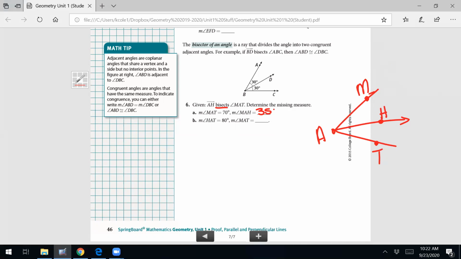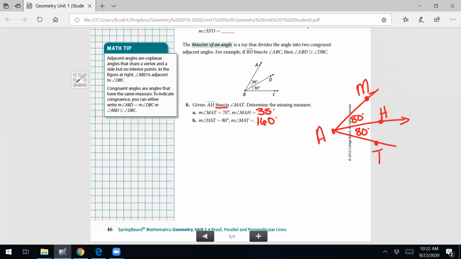So the bisector cuts it in half. If HAT is 80 degrees, then what is MAT, the whole thing? 160, because it's double that. So the bisector is going to split it in half. So if you know one of the smaller ones, then you would double it. If you know the entire thing, then you cut it in half.